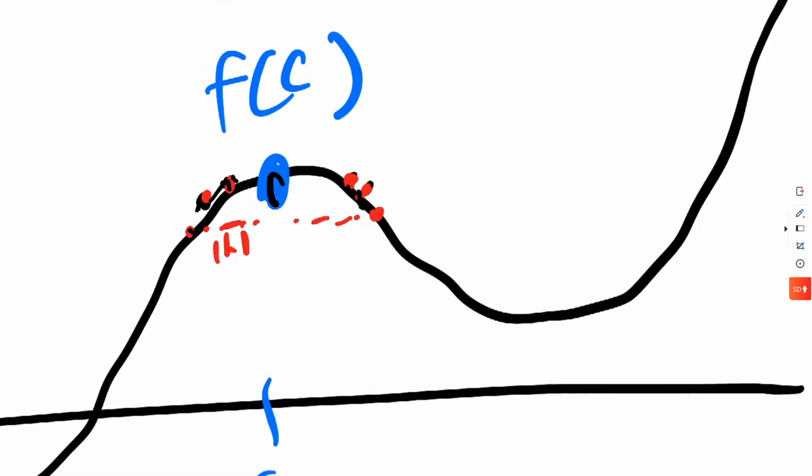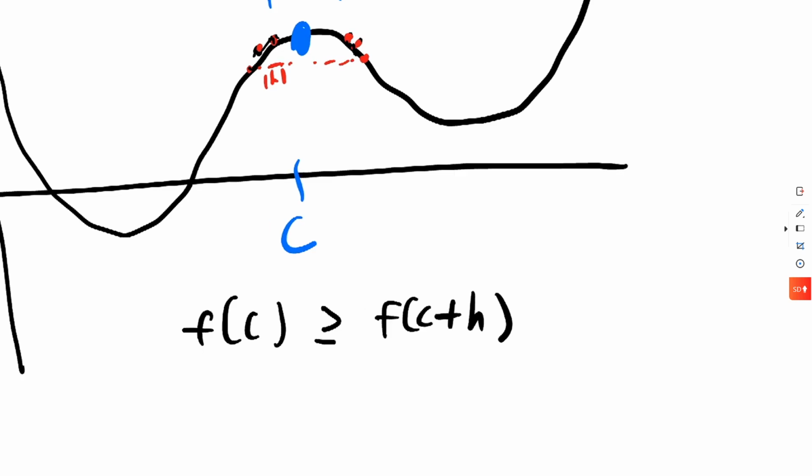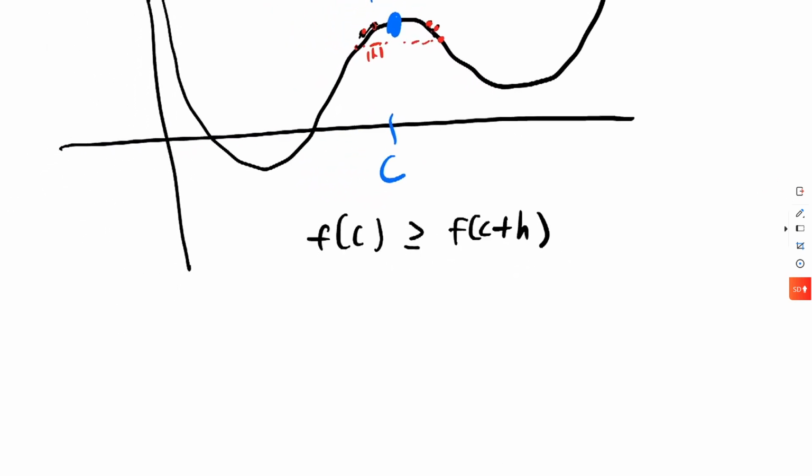So in this top peak, this guy is larger generally than the points around him. So f of c is greater than or equal to f of c plus h.